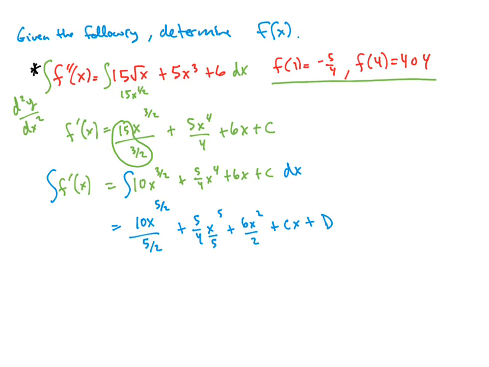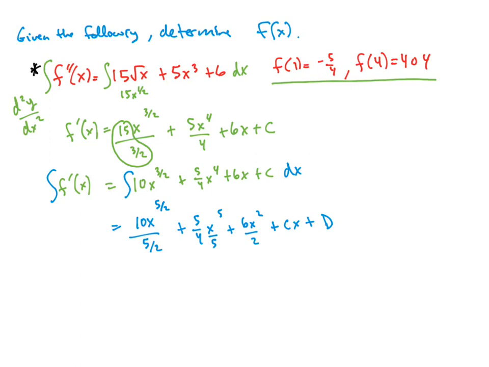So we need to be careful in this instance when we integrate twice, we don't use the same general constant, because they could be the same, but it's very likely that they're not necessarily the same.